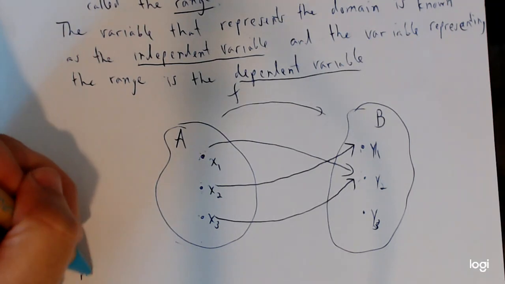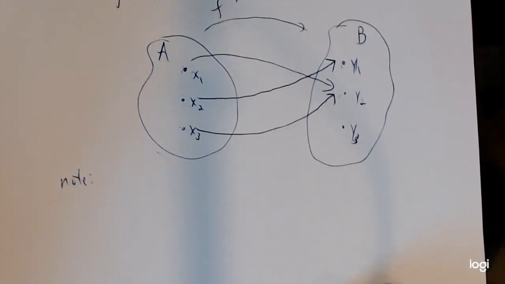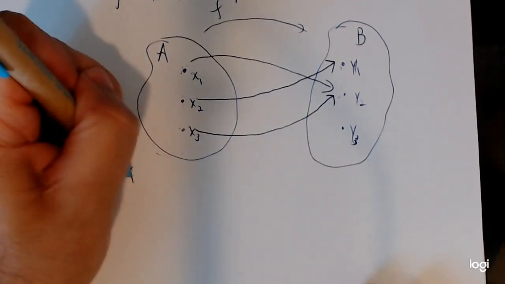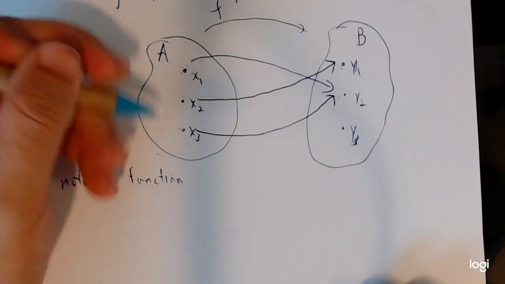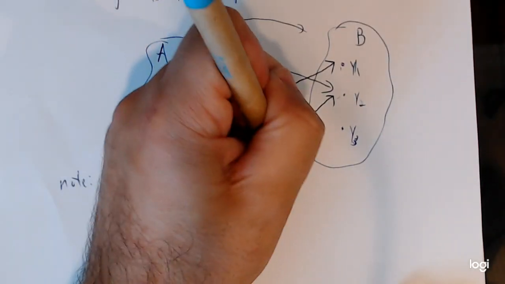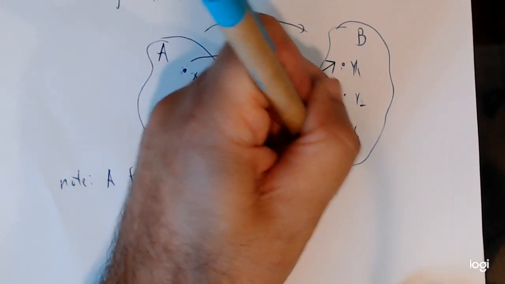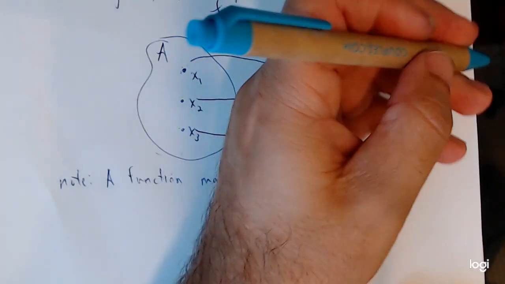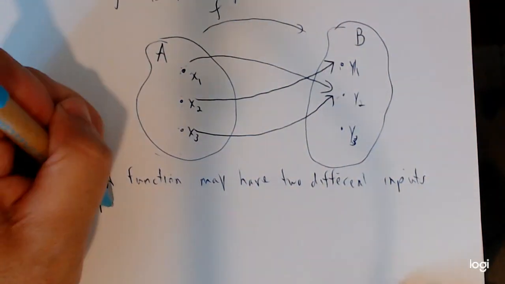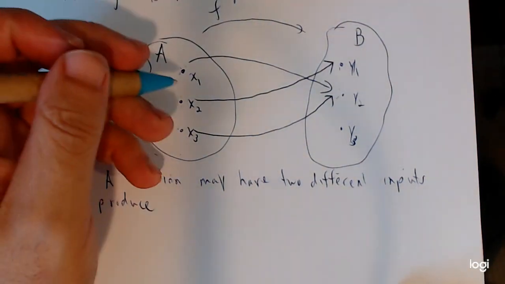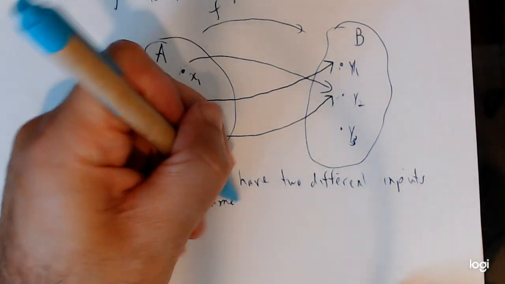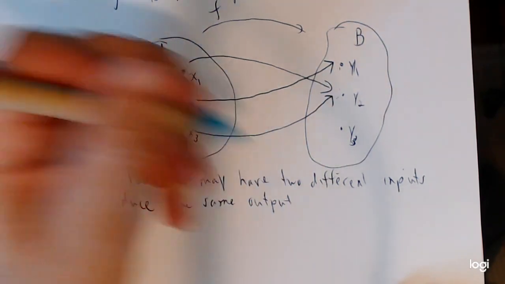So one comment I want to make here, which I already made a mention of, but let's put it in our notes because I feel like it's important. A function may have 2 different inputs produce the same output, which is kind of like what happened here, right?